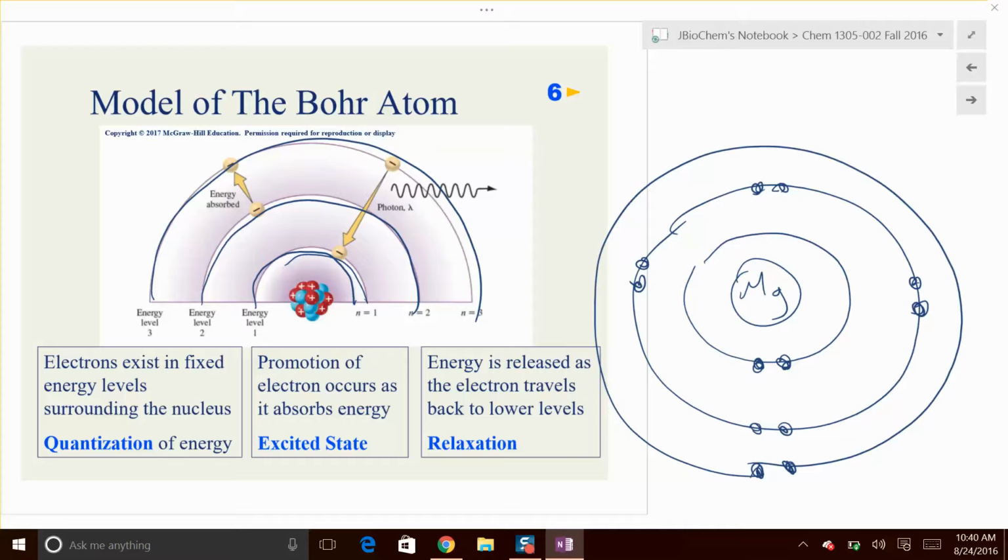Okay? Now within those principal energy levels, there are also sub-energy levels of the electrons. The sub-energy levels are also identified on the periodic table, kind of as groups. See this column?